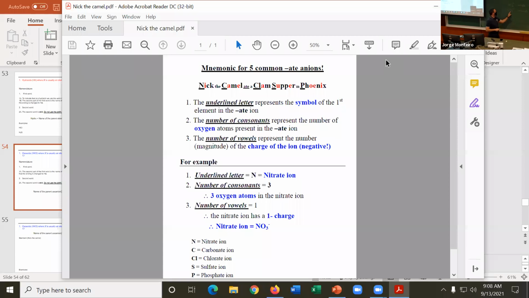For carbonate, 2 minus charge. This is going to be neutralized by 2 hydrogens. So we are going to get H2CO3. Nomenclature: carbon and the ending IC, carbonic. And then acid.